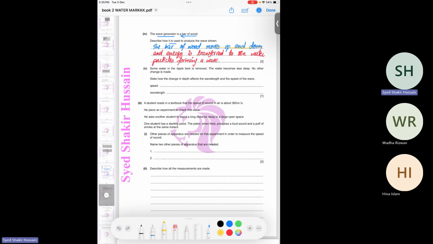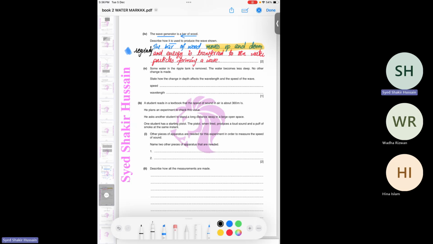Yes, and you need to mention that it moves up and down regularly. And energy is transferred to the water particles, forming a wave.